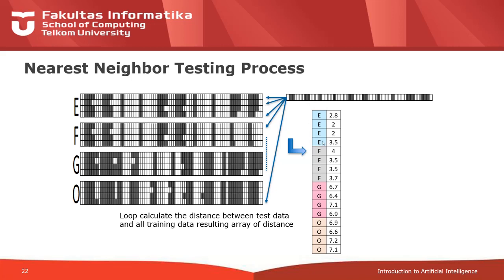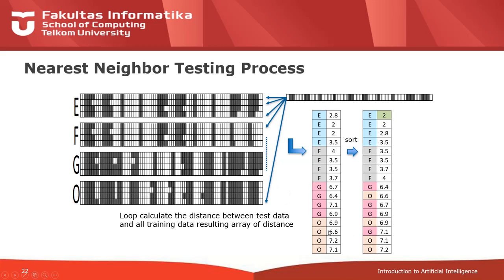This is the distance for the training data of E. These distances are using Euclidean, L2. This is also the distances for F, these are for G, and these are for O.